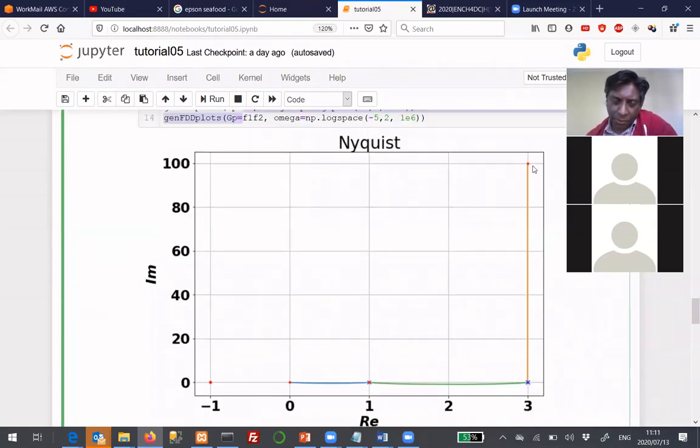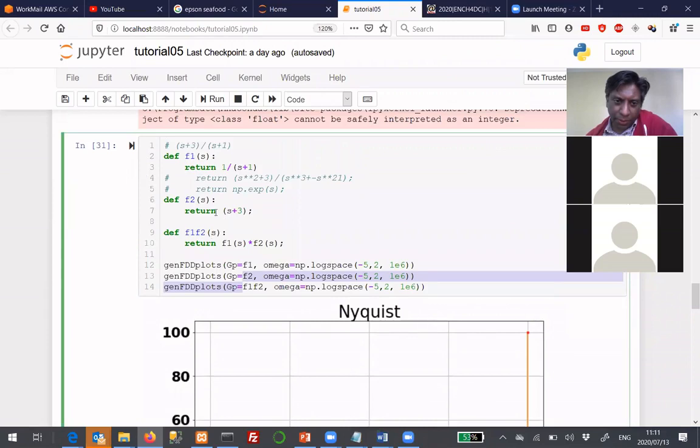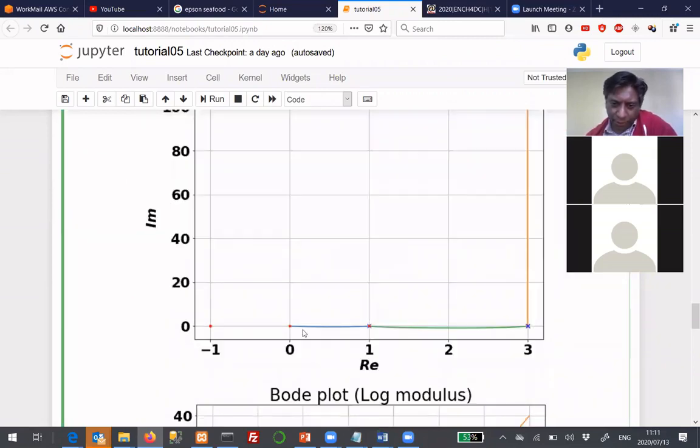So omega goes up to 100, and we can see 100 here. So this is the second contribution, right? And you can see here, those are the two functions. So 1 over s plus 1 and s plus 3 give us these two lines, this one and this one.